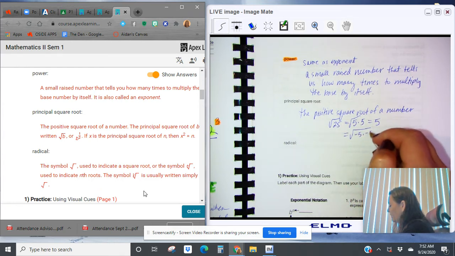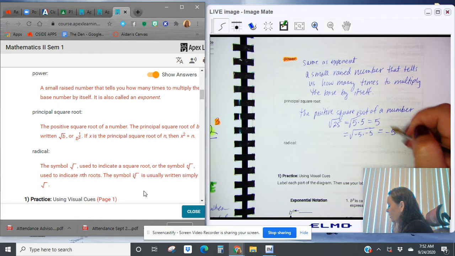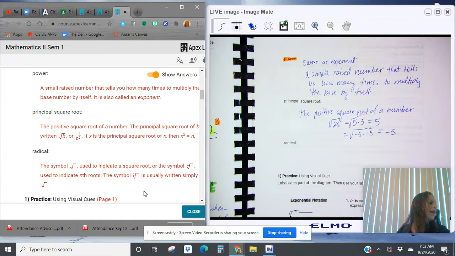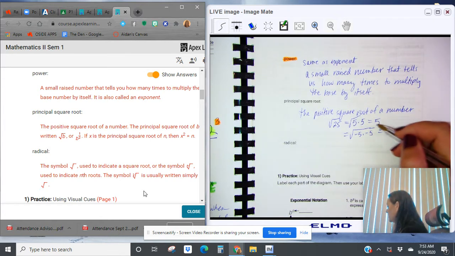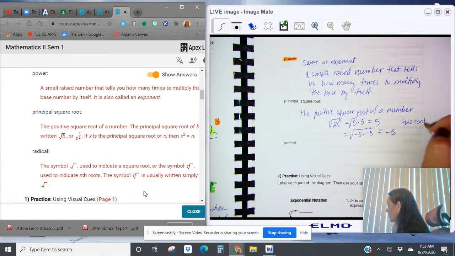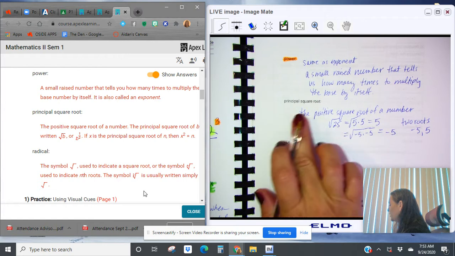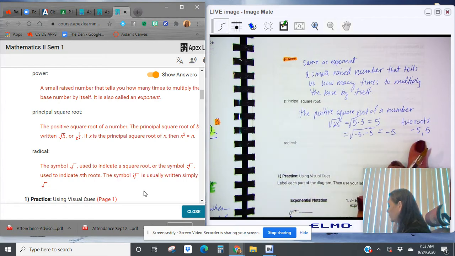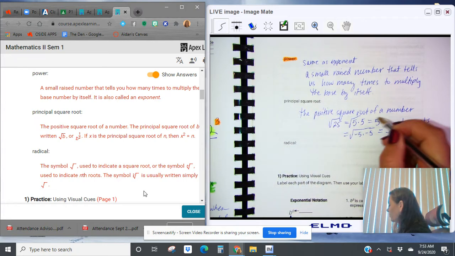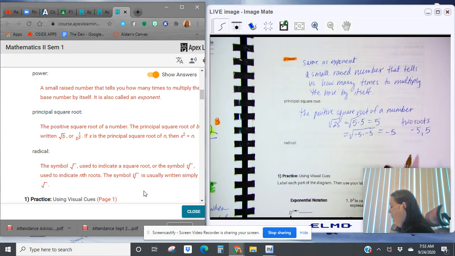Well, isn't negative 5 times negative 5 also able to give me 25? So there are two square roots of 25, positive 5 and negative 5. So what's the principal square root? The principal square root is just the regular normal positive 5.